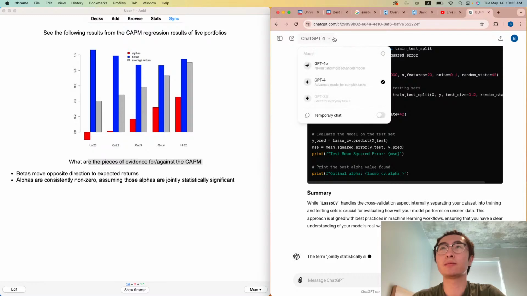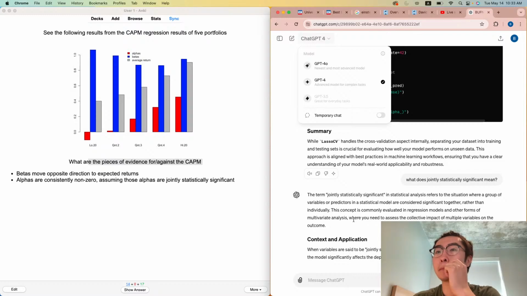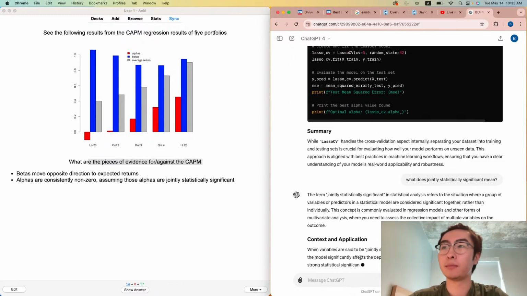Can I not do 4.0? When variables are said to be jointly significant, it means that their combined effect in the model significantly affects the dependent variable, even if some or all of them might not show strong statistical significance. Okay.